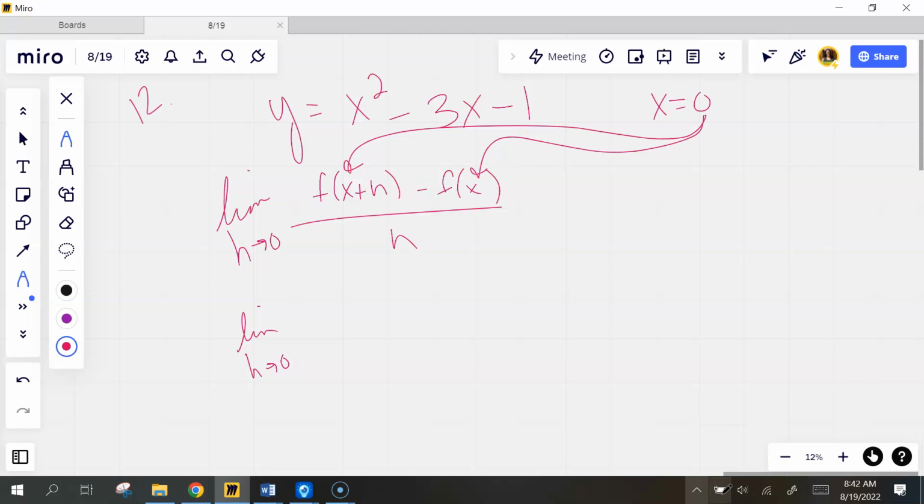So really, it's just f of 0 plus h is just going to be h squared minus 3h minus 1. Right? And f of 0 is just going to be -1. We all agree there? So I have h squared minus 3h minus 1 minus -1.